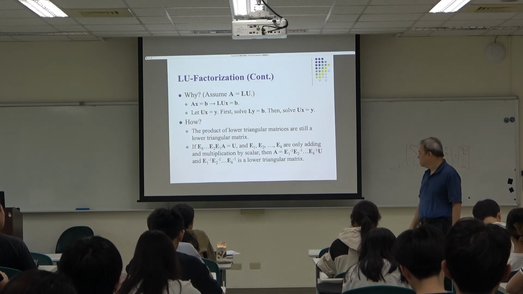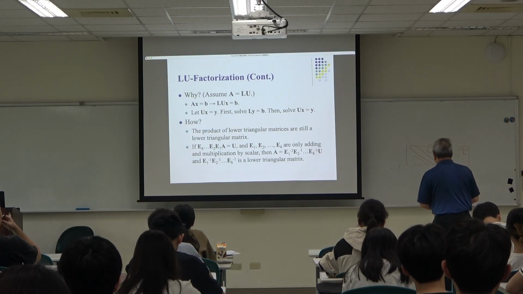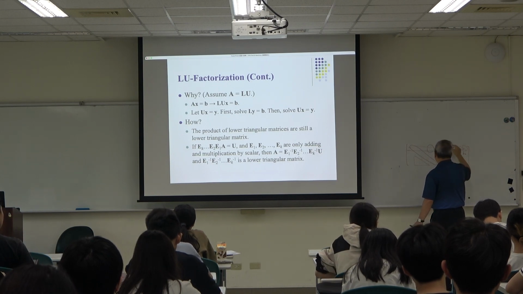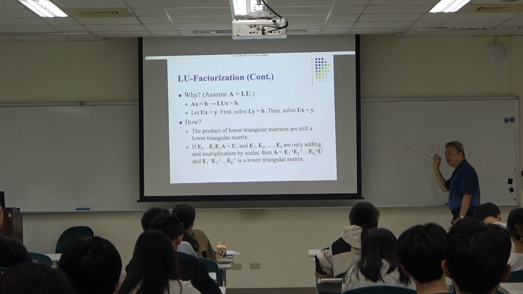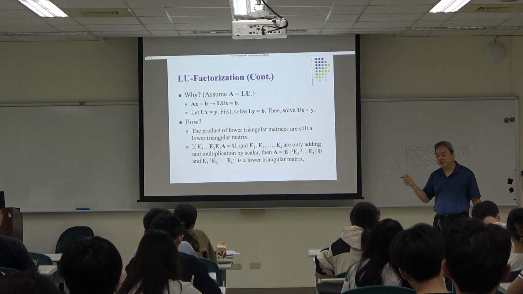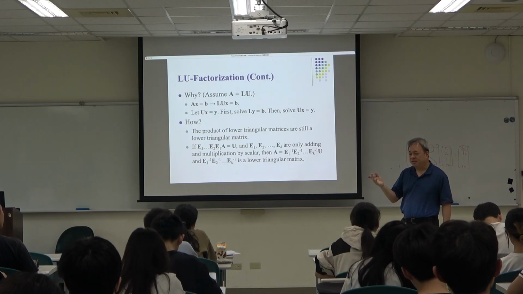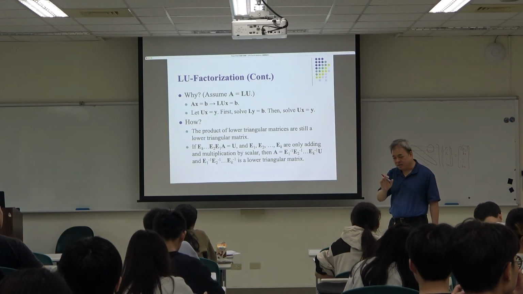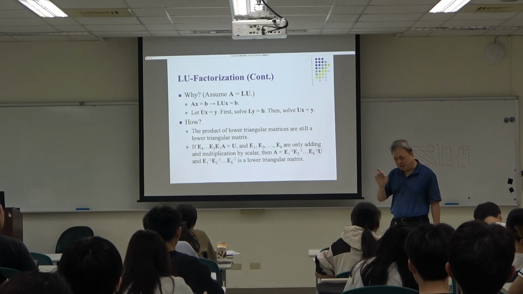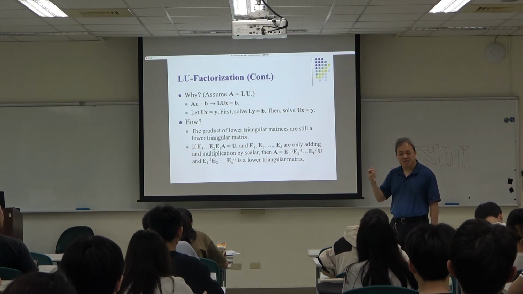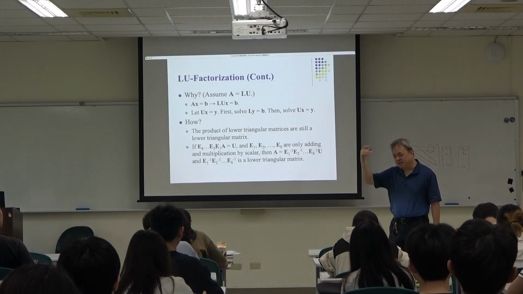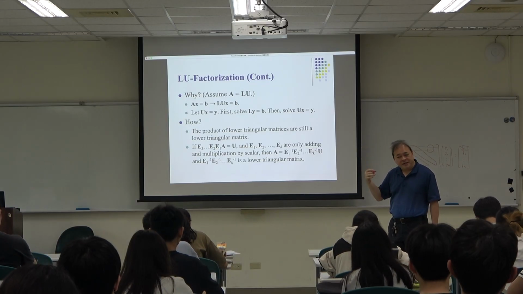And then the second equation, you are going to end up with only two terms on the left hand side, y1 and y2. The other terms are all zero, but you now already know y1, so you have only one unknown. So you can immediately get what y2 is. You can repeat this process for all the yi.